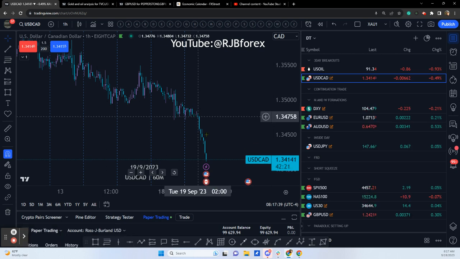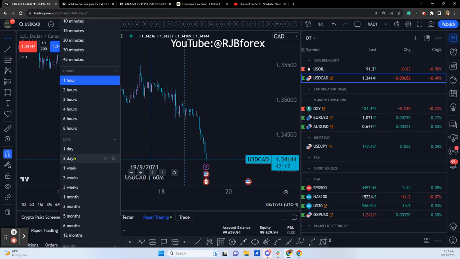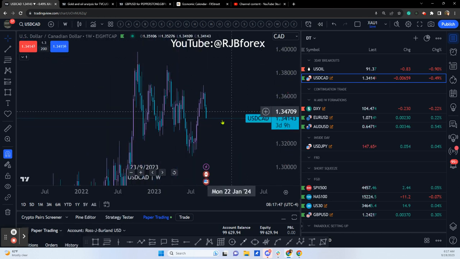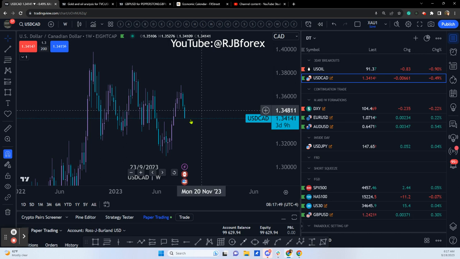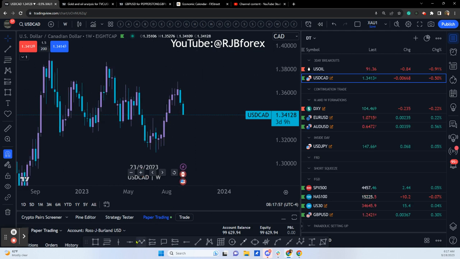As you can see, we've had this sell-off. The bigger picture is, on a weekly basis, we're coming in hard into that bullish run, noting that it was a W formation.